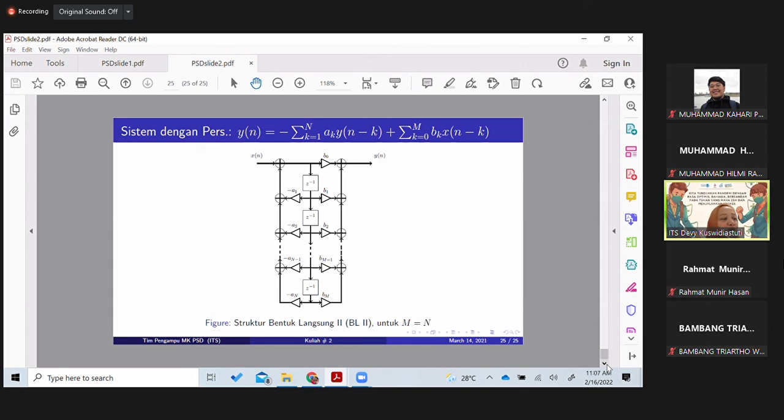Plus, they also have a lot of examples of how you could do the convolution or do the validation, whether the system is linear or not, and whether the system is time varying or not.